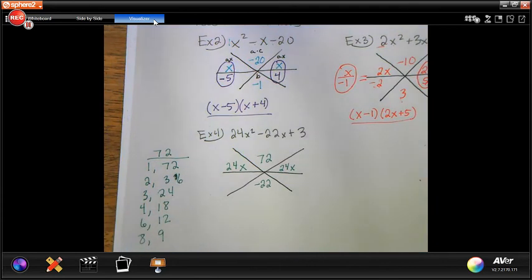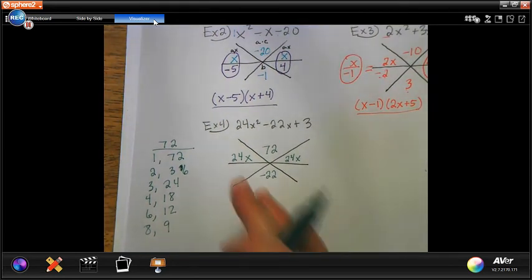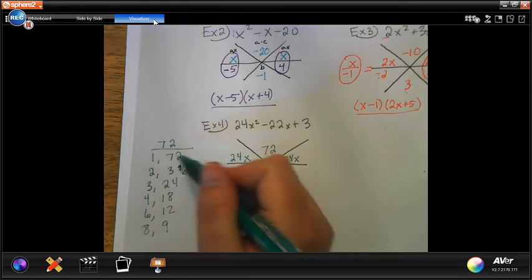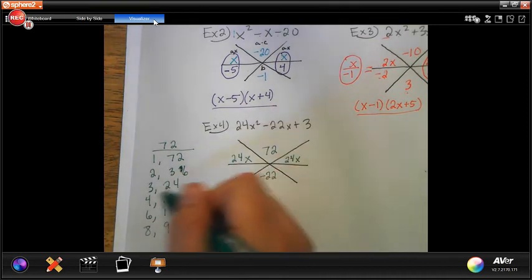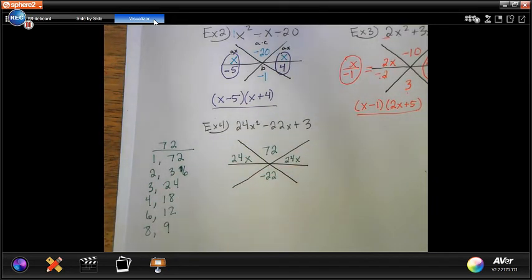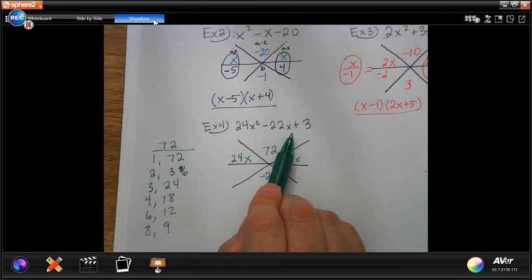So we have all those possibilities plus the negatives. So negative 1 and negative 72, negative 2, negative 36, etc., are possibilities.